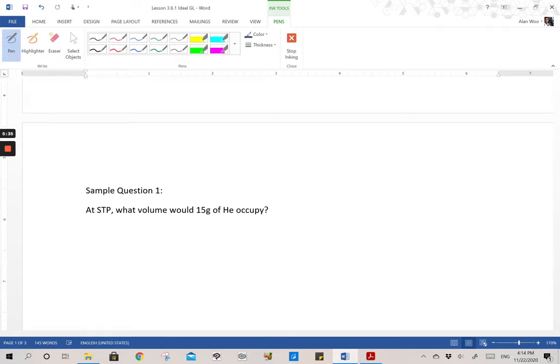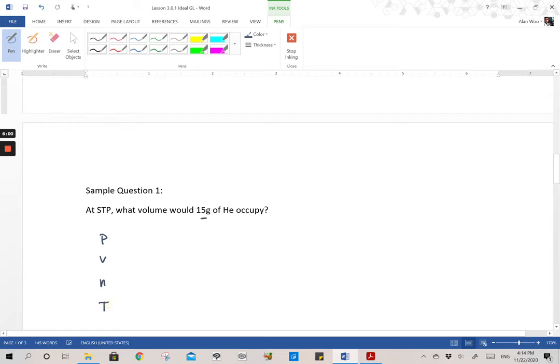So in this question, we have at STP, remember that's standard temperature and pressure, they're asking what volume would 15 grams of helium occupy. Well, helium is a noble gas, and they're giving us a mass. I always want you to figure out the variables.